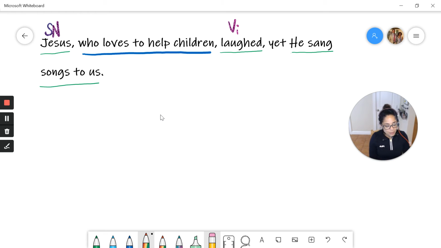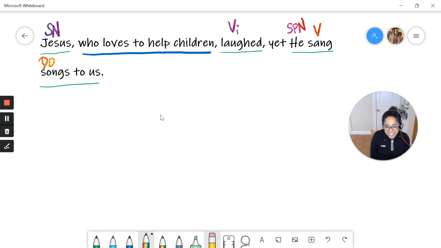Now let's look at our second independent clause. He sang songs to us. Who sang songs to us? He. Subject, pronoun. What is being said about he? He sang. Verb. He sang what? Songs. Okay, that's our direct object. What's left?